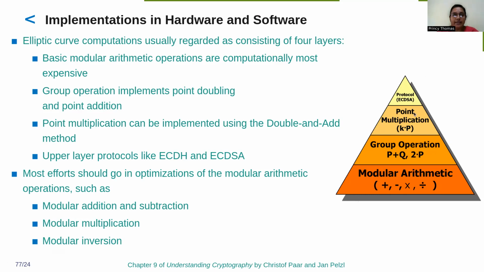And the uppermost layer is the protocol, either the Diffie-Hellman protocol for key exchange, or encryption, or digital signatures. So these are the 4 layers required for elliptic curves, and the most effort is required for modular operations, which is why this is at the bottom of the layers.